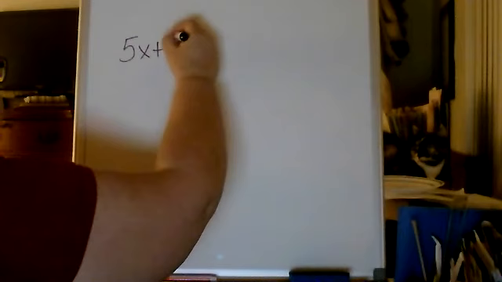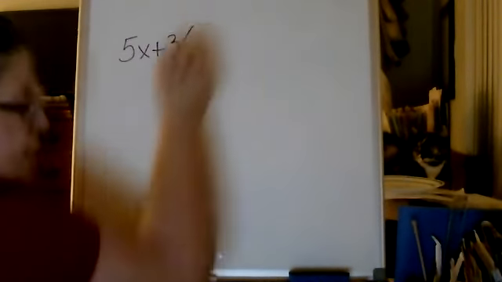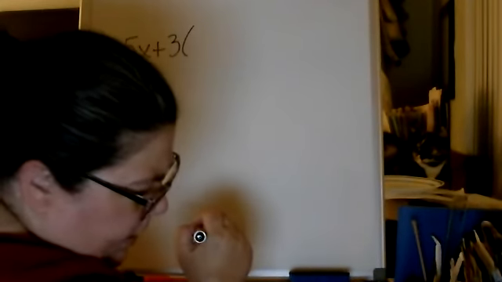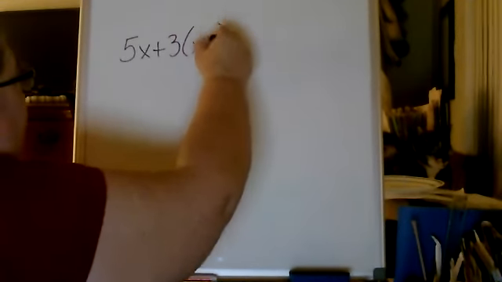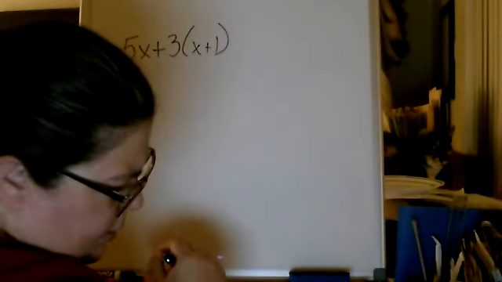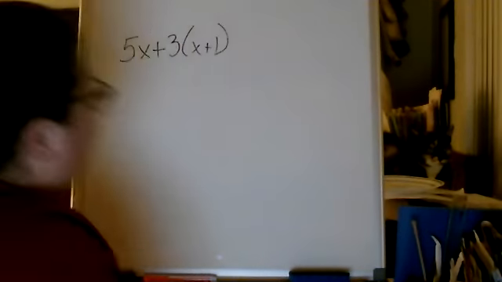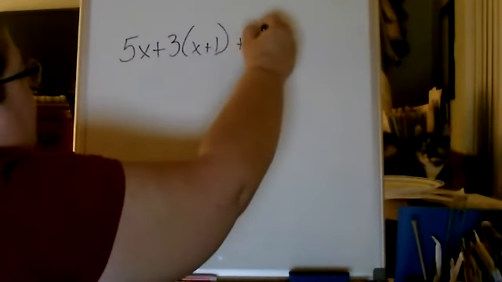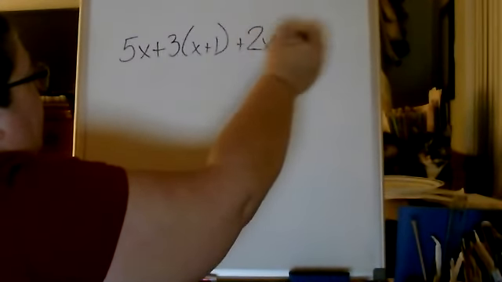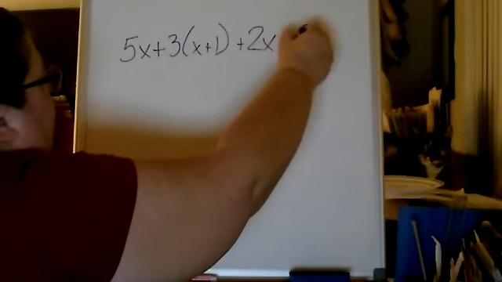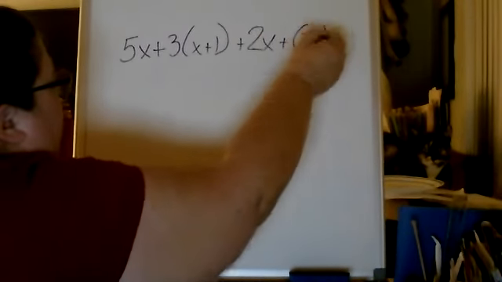We have 5x plus 3 parentheses x plus 1 and parentheses plus 2x plus negative 9.